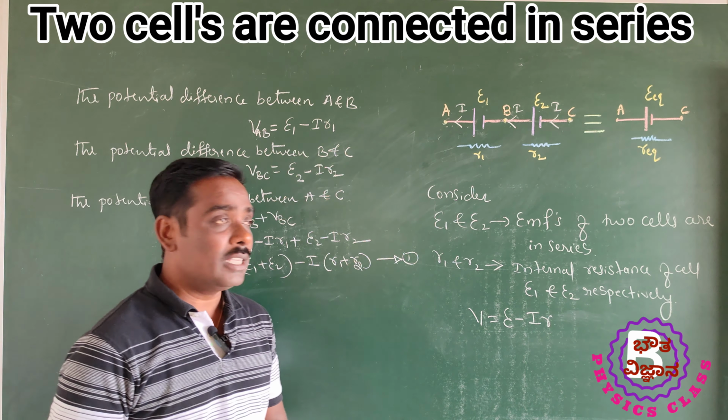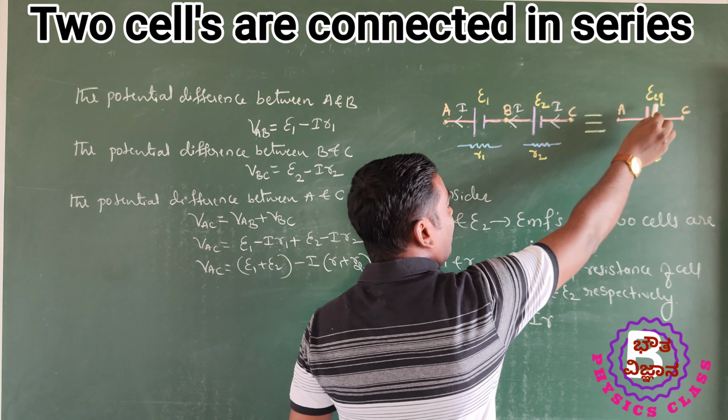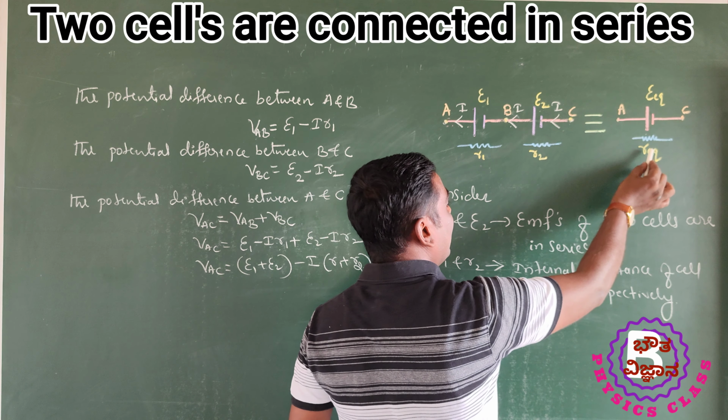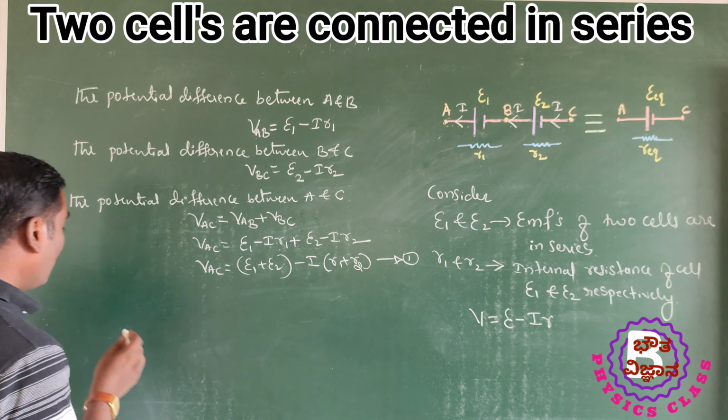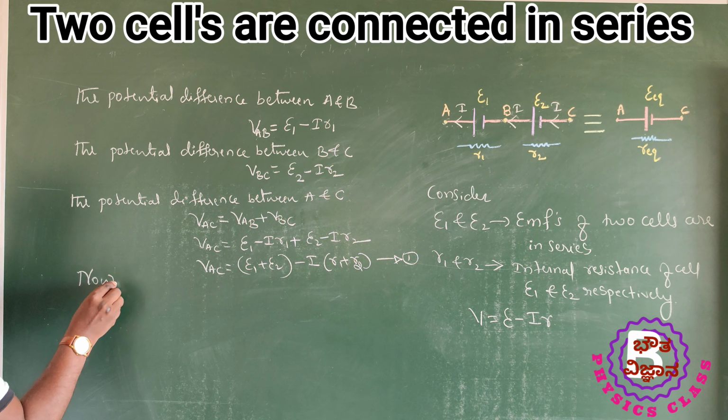Now this combination is replaced by a single cell of equivalent EMF, E equivalent, and internal resistance R equivalent. So one term ನಾವು ಬರಿಬೇಕಾಗುತ್ತೆ ಇಲ್ಲಿ. Now the combination, okay, important, ಚೆನ್ನಾಗಿ ನೋಡ್ಕೊಳ್ಳಿ.